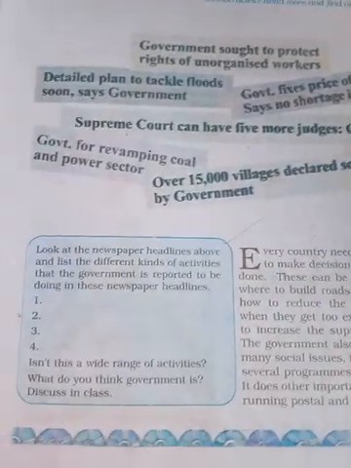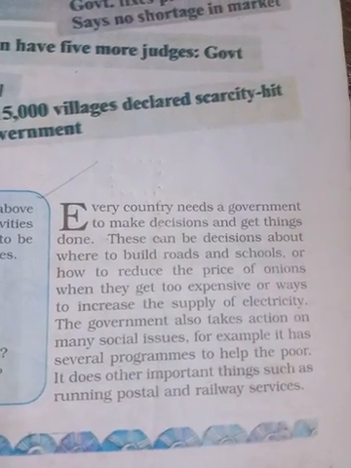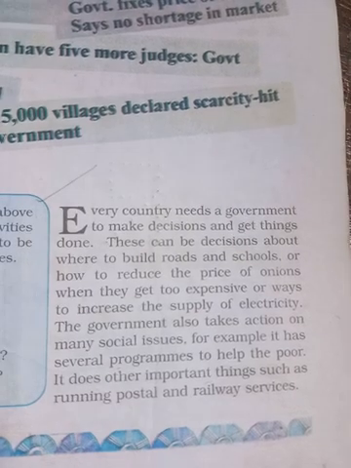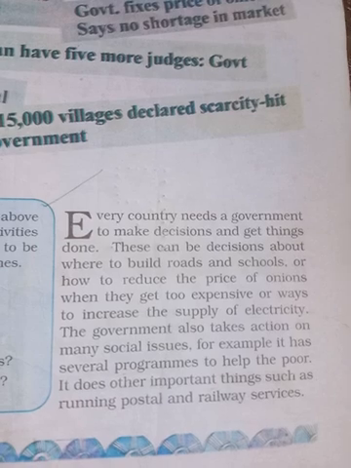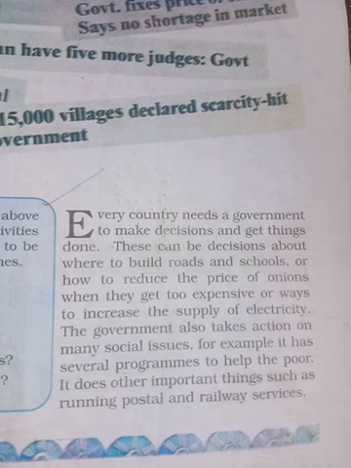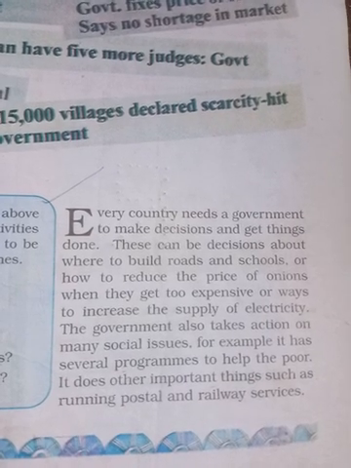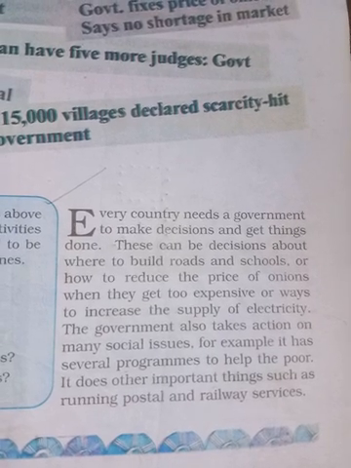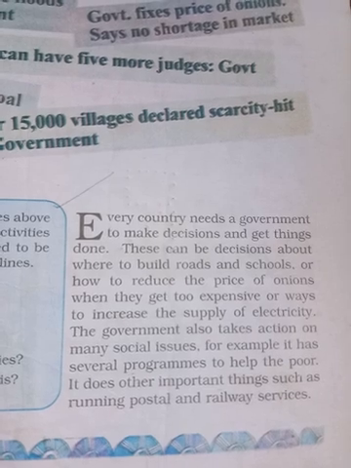Let us start. Every country needs a government to make decisions and get things done. These can be decisions about where to build roads and schools, how to reduce the price of onion when it gets too expensive, or how to increase the supply of electricity.